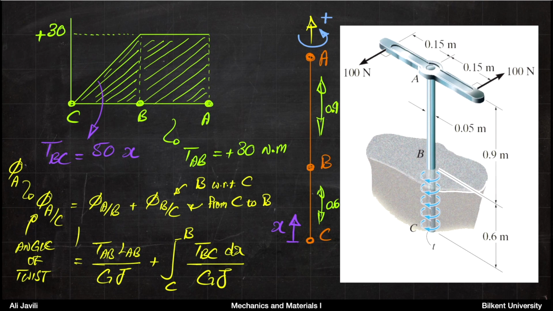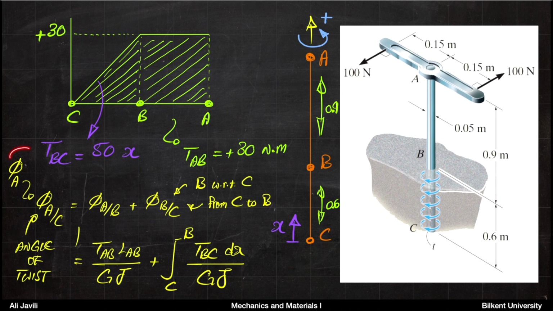So that's what the question asked first. Then for the angle of twist at A, you can say, because at C you know the angle of twist is 0, because the problem tells you the shaft is not turning yet, so phi at C is 0.